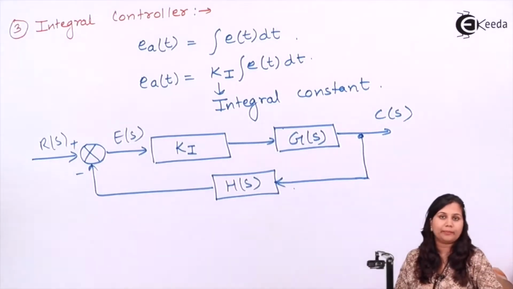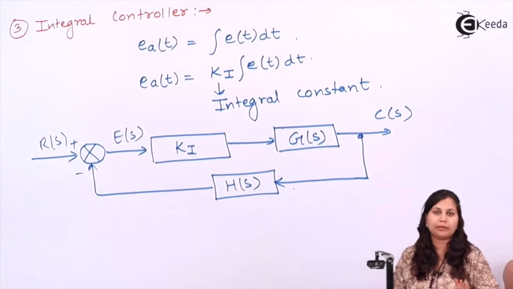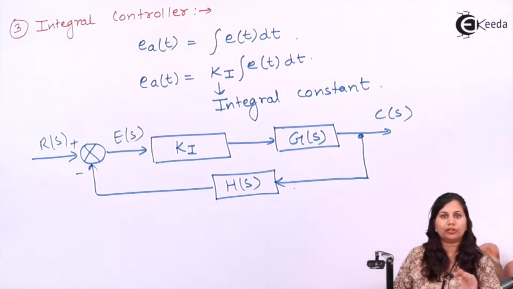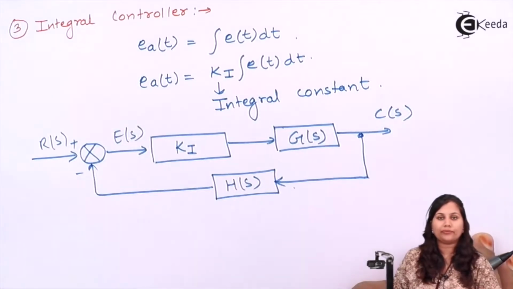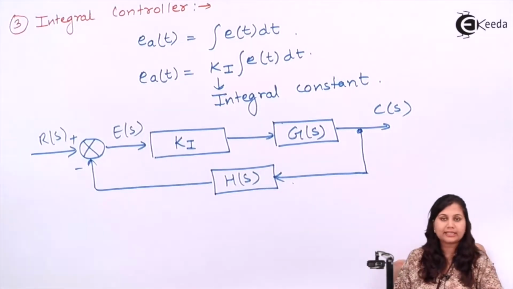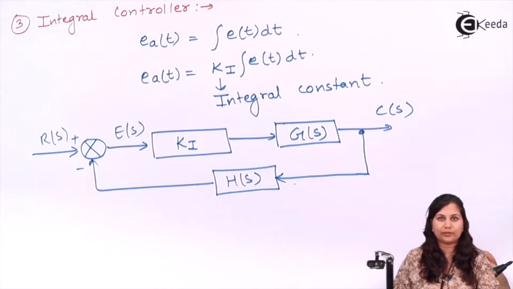So these are the three basic types of controllers: proportional controller, derivative controller and integral controller. Now there can be a combination of any two of these controllers, or all three. Let us study the combination of these controllers.